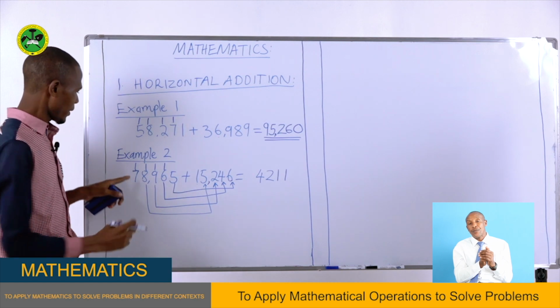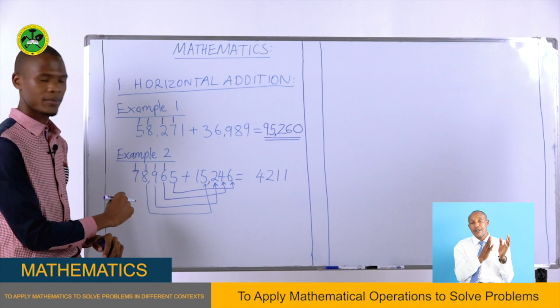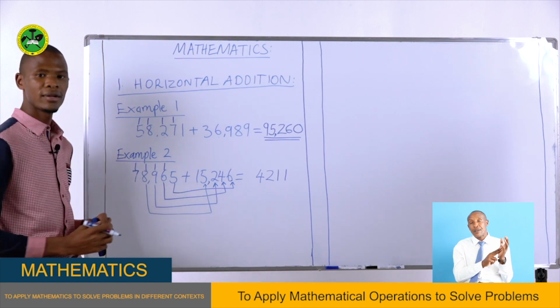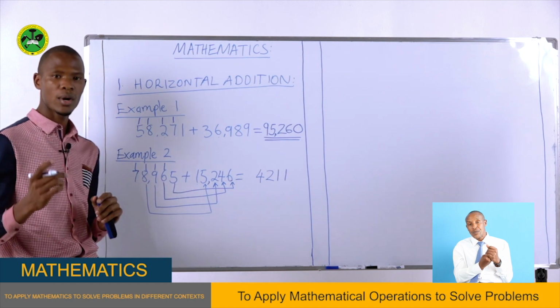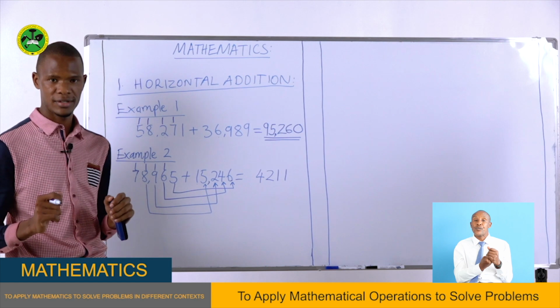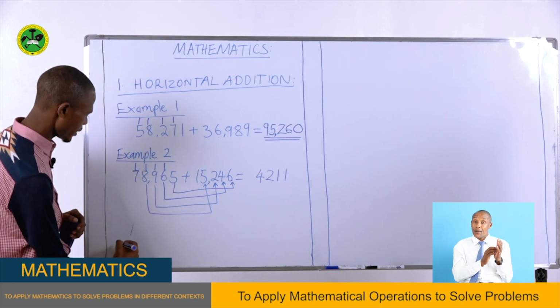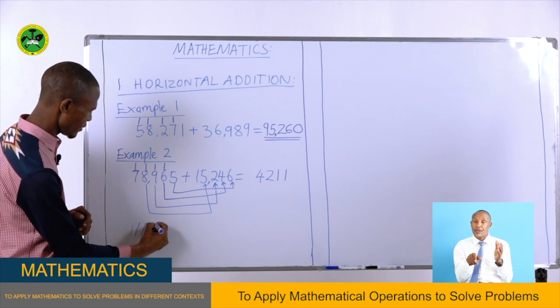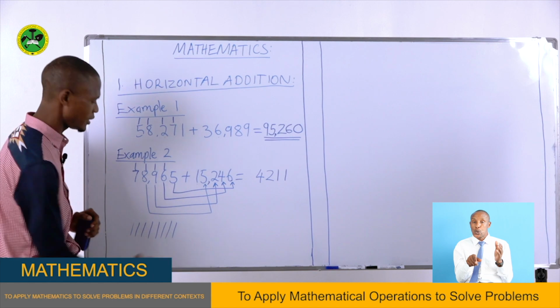Therefore, we have 1 plus 7. The sum of 1 and 7, dear pupils? Yes. When you take 1, you add 7, you will get 8. Then count 8 tallies from here. 1, 2, 3, 4, 5, 6, 7, 8.